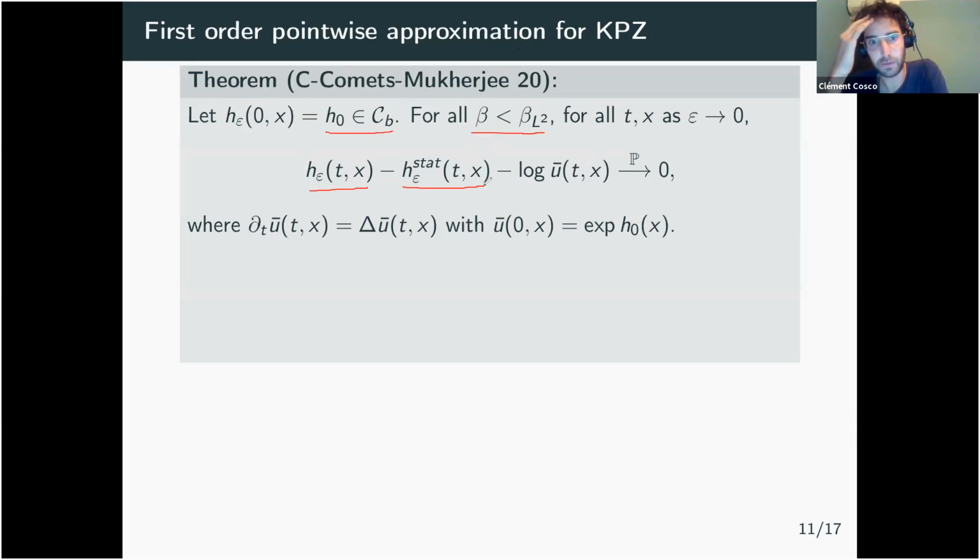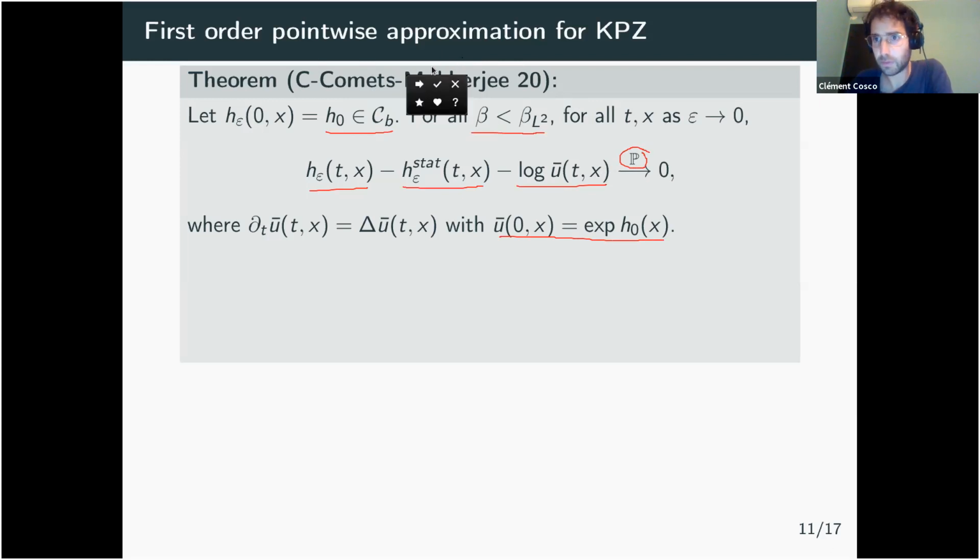It's stationary both in epsilon and t, and also in x. And you have another term, which is a deterministic term, which is simply the log of the standard heat equation. This depends on the initial profile: the initial profile of the heat equation will depend on your initial value of H. And this is now a convergence in probability.